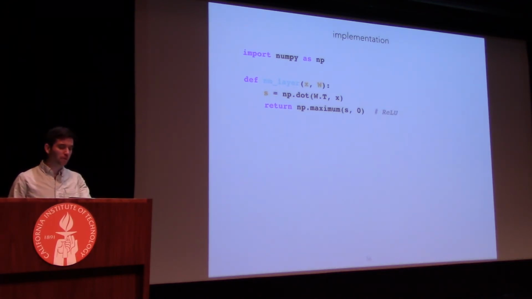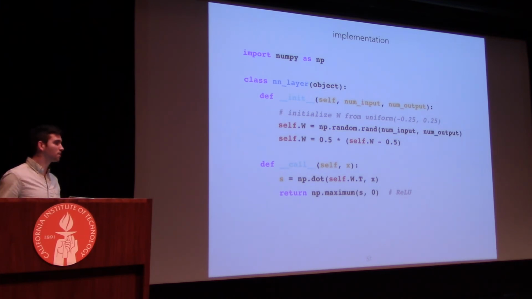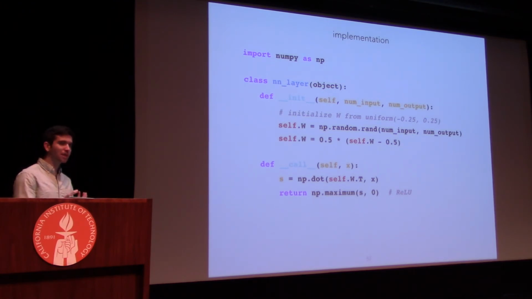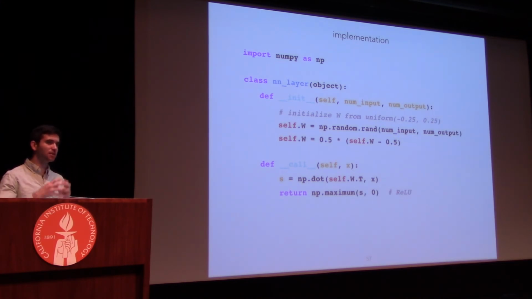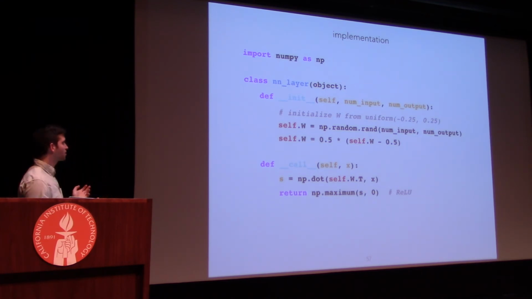the layer operations. But actually, I guess the more conventional way to do it would be to actually make this a class in its own right, where now this neural network layer object has its own attributes and its own methods. So what we would have is the neural network layer actually holds on to its own weight matrix, which we are initializing here from uniform of negative 0.25 to 0.25.